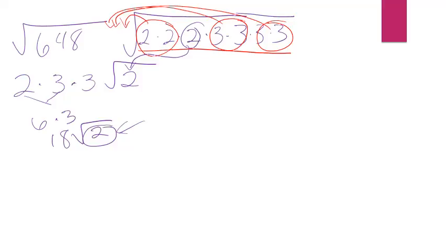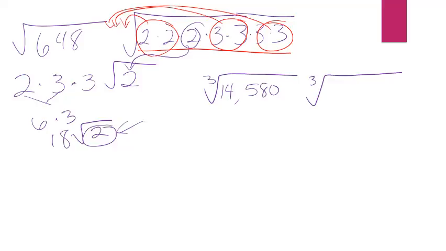Let's look at one more that's a little trickier. This time we're looking at a cubed root. The cubed root of 14,580. Once again, you can put this into your calculator and you'll get the prime factorization.